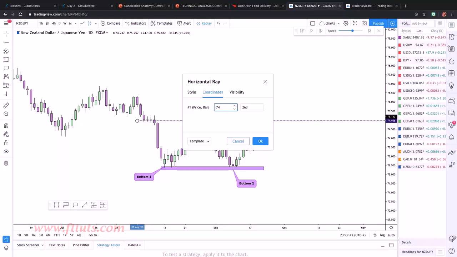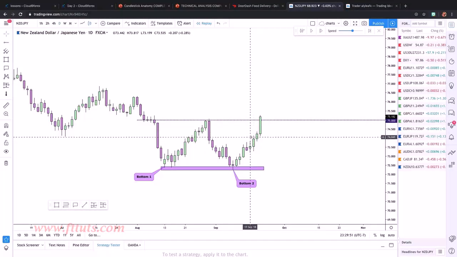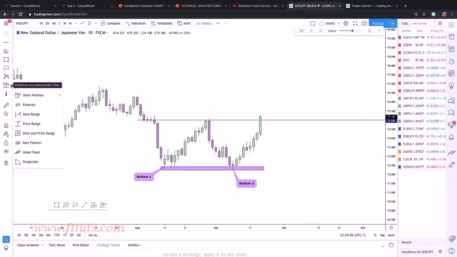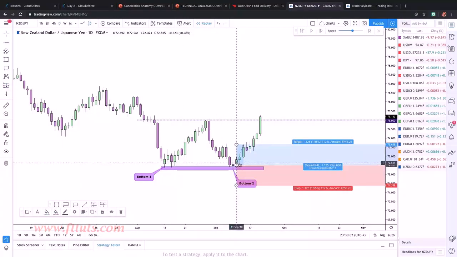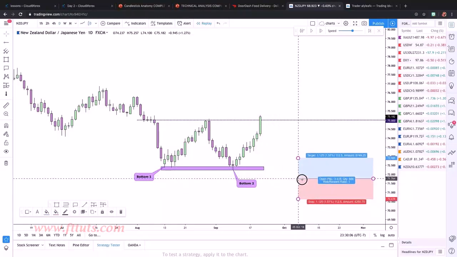So we're going to edit this to an even number. We're going to take the long position and put our stop loss just beneath.